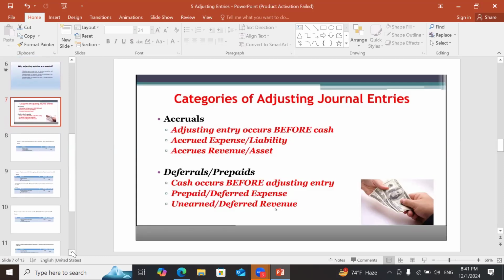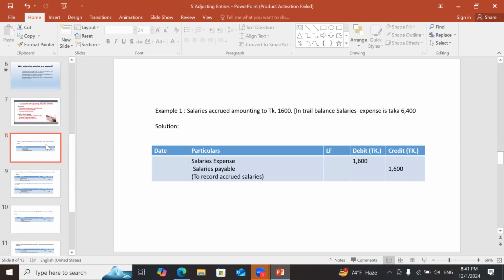This is problem number one, an example. Example number one: salary accrued amounting to taka 1,600. Before I remind you, all accrued expense is payable or credit.